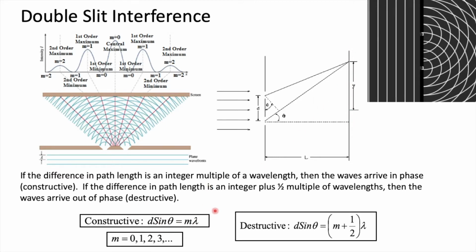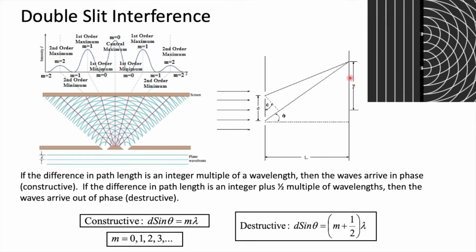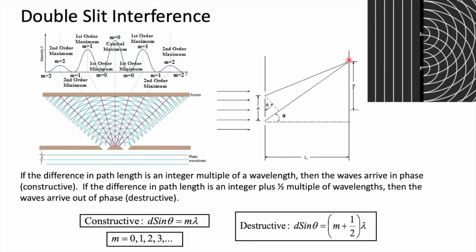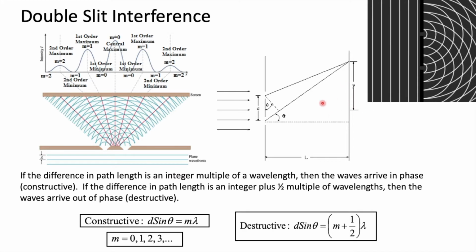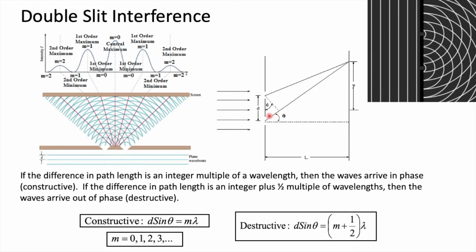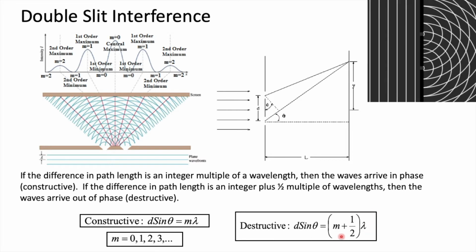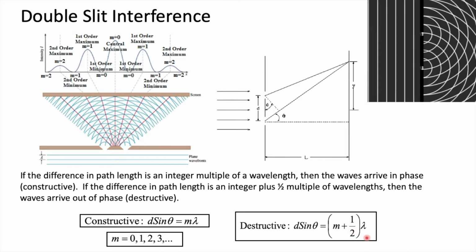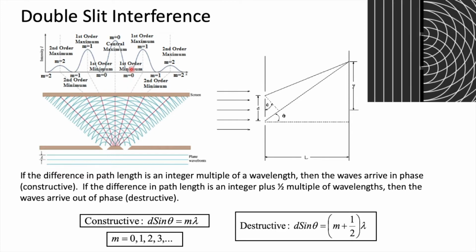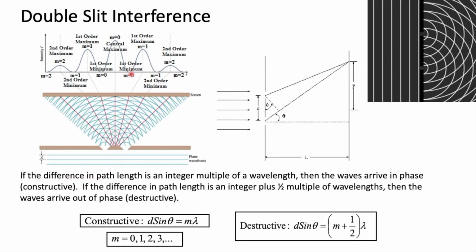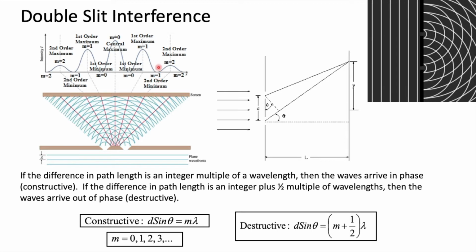If this condition is satisfied, we would see a bright fringe because of constructive interference. If the path difference is an integer plus half, 1/2, 3/2, 5/2 lambda, then we would see a destructive interference, or the minima, first order minimum and second order minimum.